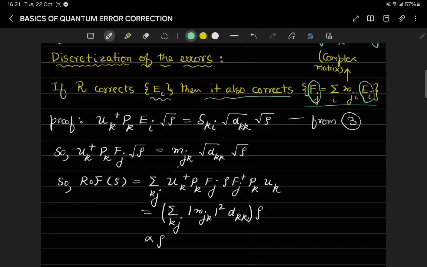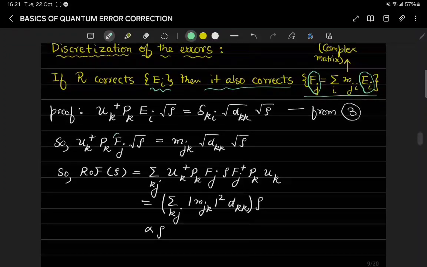So let's see. If I write F_j, I can take F_j and write it as summation over i of m_ji E_i, and then apply equation 1. So I will apply this here to get this particular line that I am showing. So from here what we can do is we can write R of F. So F is the new error.